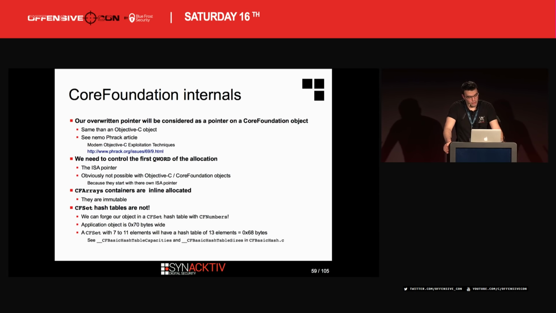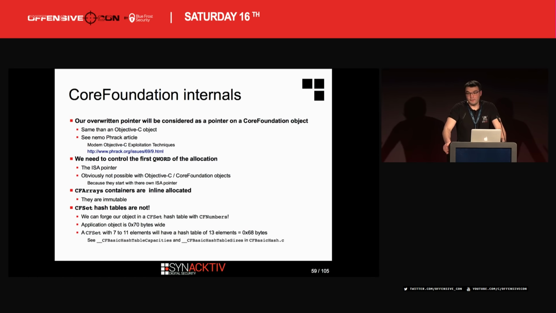The first thing you think about is just to use an array. The problem with arrays is that they are immutable when you are deserializing them. So if they are immutable, their containers are inline allocated. This means that you never control the beginning of the allocation when you are allocating a CF array.